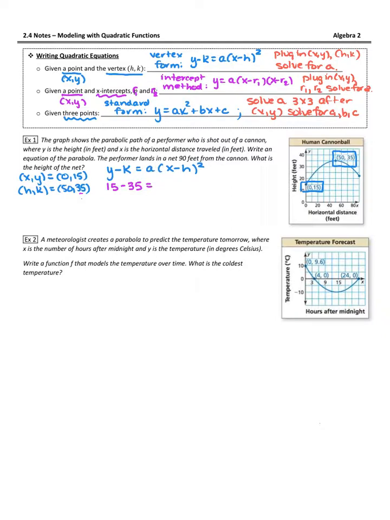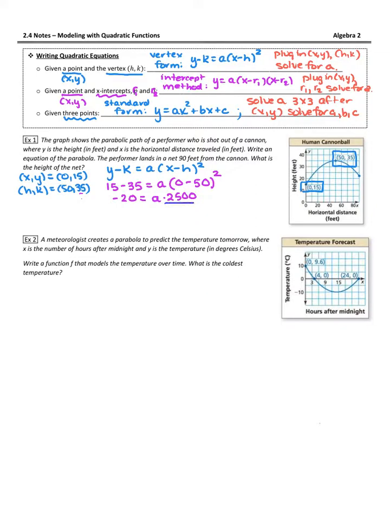And that's going to equal a, which we don't know, times x, which is my 0, minus h, which is my 50, and we square that. So we're going to go through and simplify that. That gives me negative 20 equals a times 50 squared, which is 2,500.